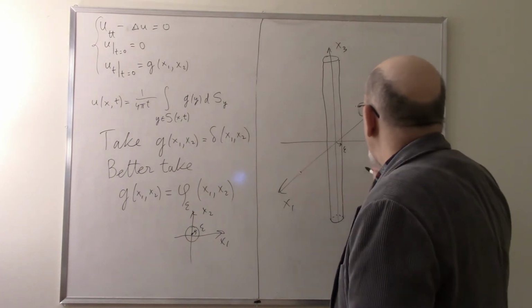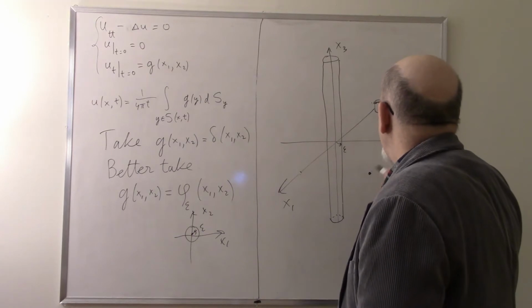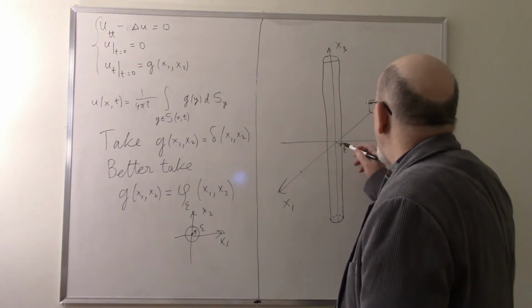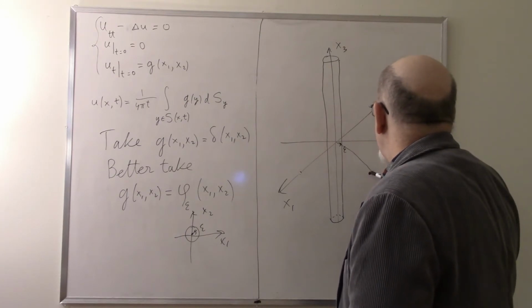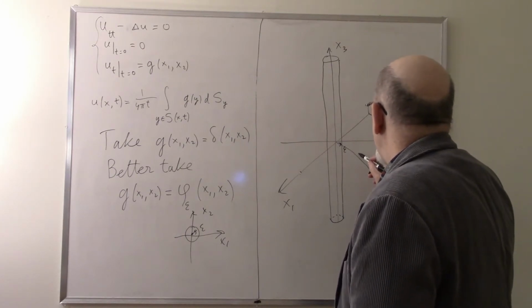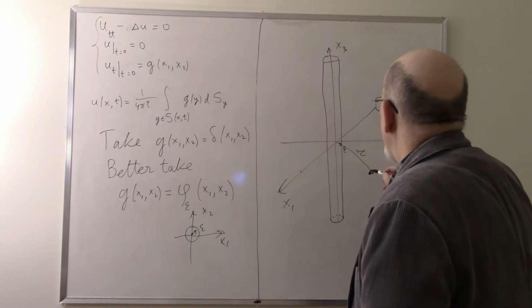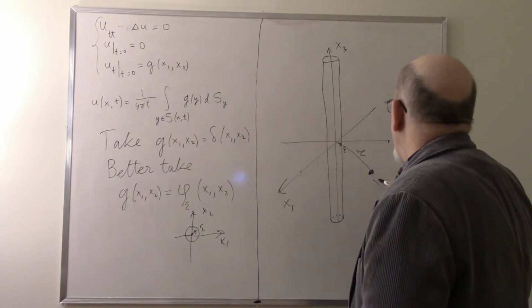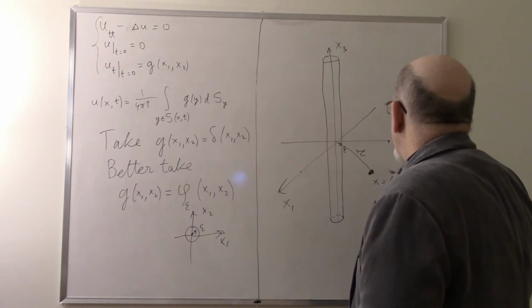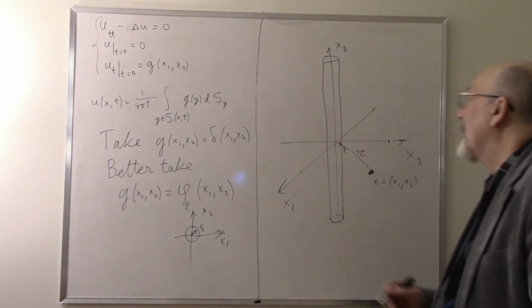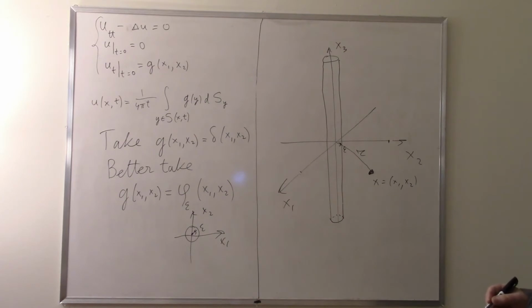Let me draw it somewhere here in the x1, x2 plane, but maybe not on the axis, but the radial distance is, say, r. The distance r from x equals x1, x2. The distance r from the x3 axis.